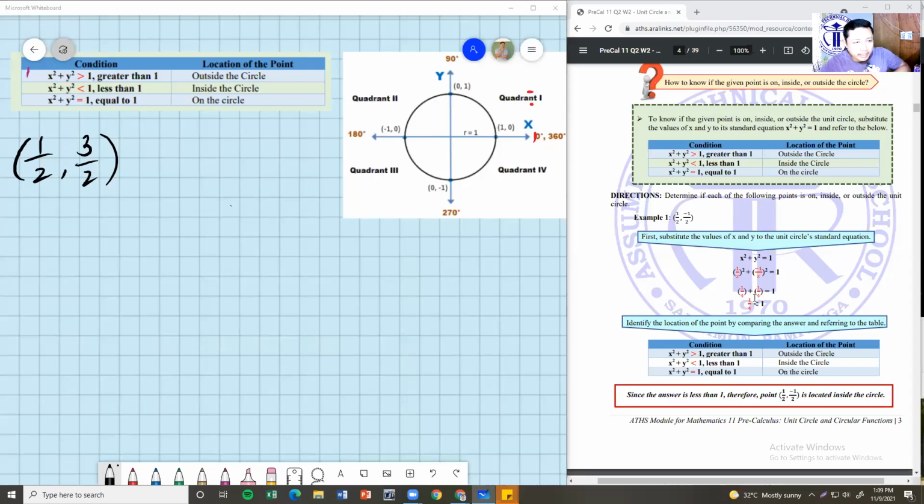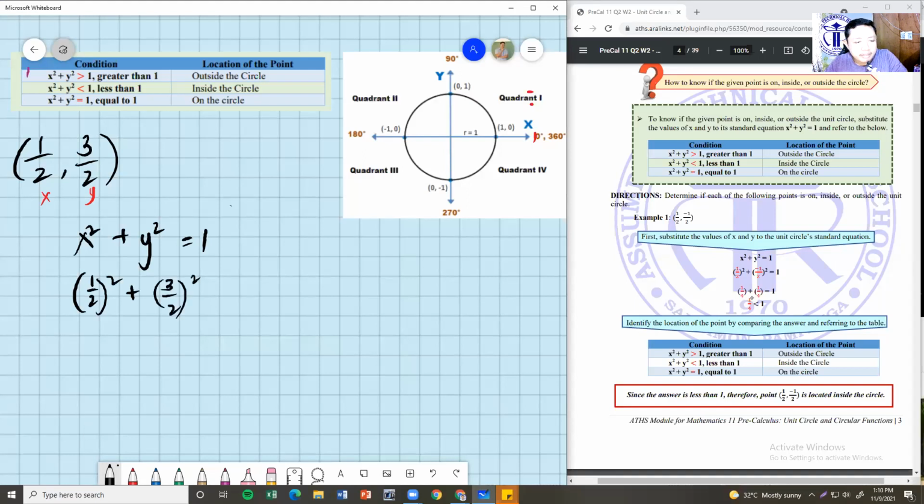And so, for us to identify this, of course, let's substitute them to our equation. So we have x squared plus y squared is equal to 1. So this is your x and y. Substitute. So we have 1/2 squared plus y is 3/2.